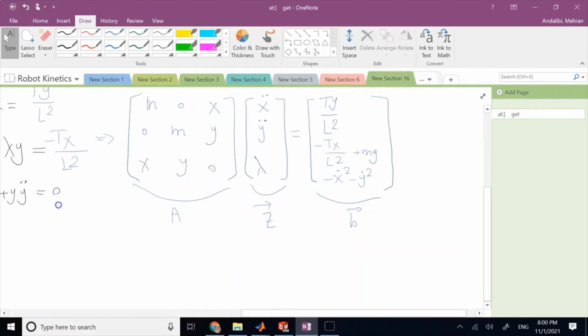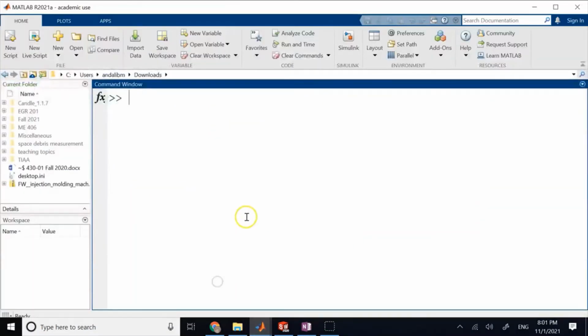So here, let me show you how to do it with MATLAB symbolic. The unknowns that I need are x, y, m, l, and x dot and y dot, correct? So here I go to my MATLAB symbolic and say syms x, y, m, l, x dot, and y dot.